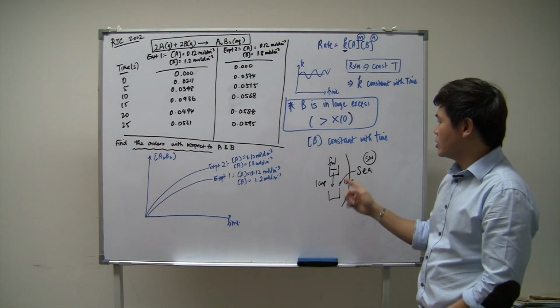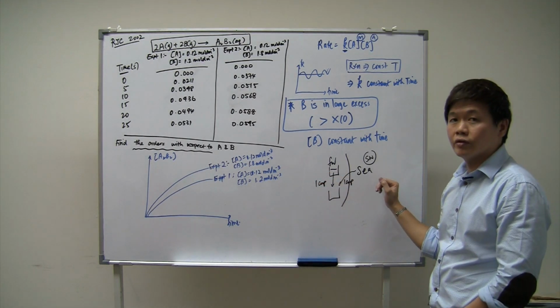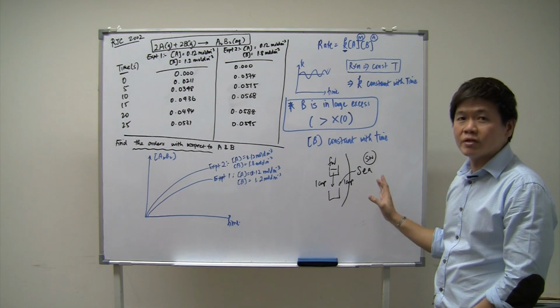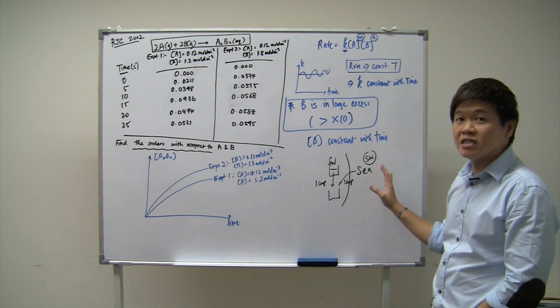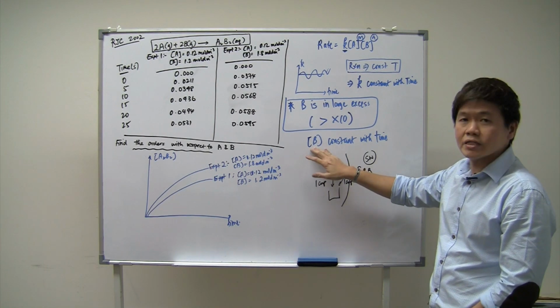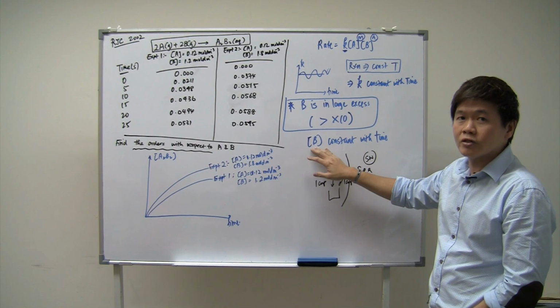You notice as time goes on, the percentage change of fresh water is going to be much higher than the percentage change of the volume of the sea, because the sea's volume is infinite. So it looks as if the sea's volume has never changed. In fact, it has, but it's insignificant. The same thing applies to this concept. If B is in large excess, right, then B's concentration looks almost constant with time compared to A's concentration.